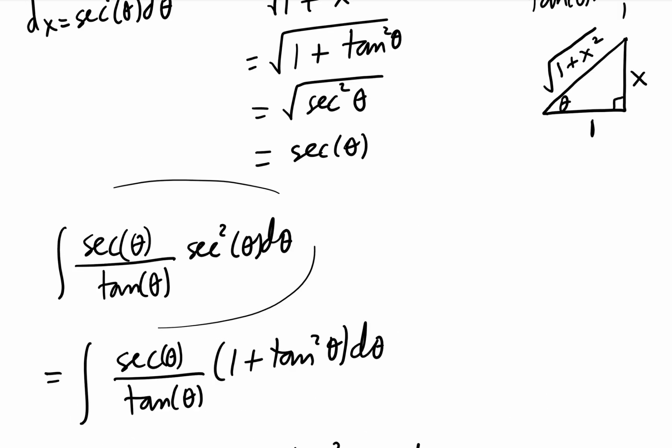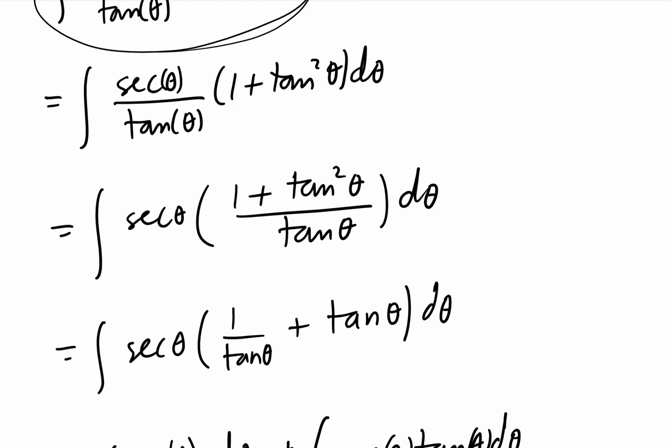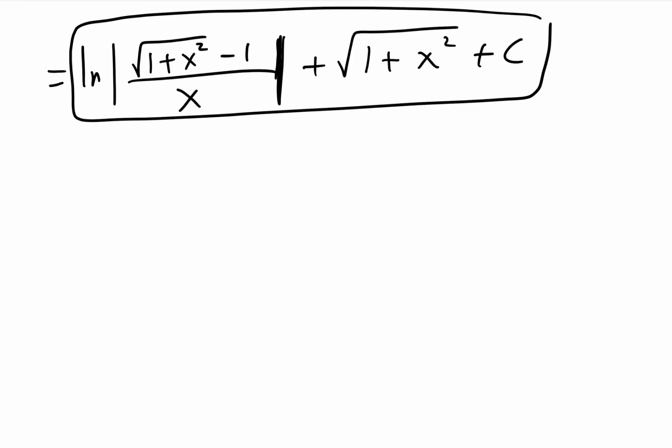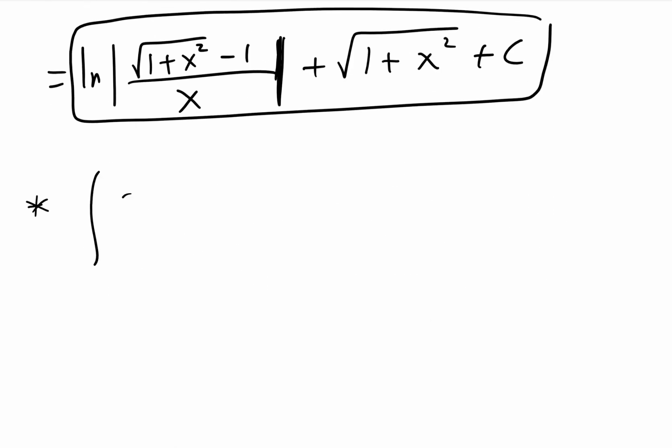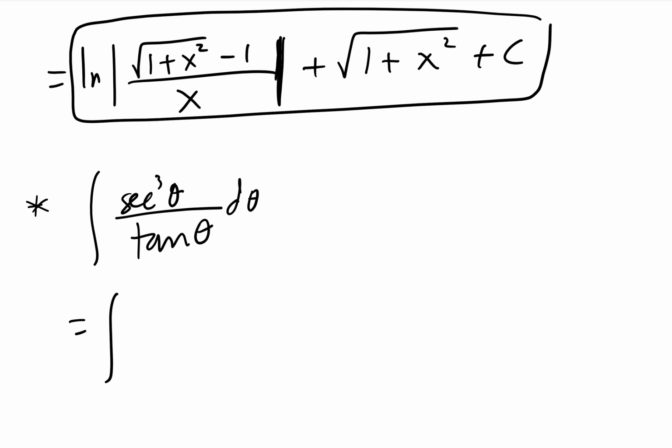So if we go back to this circled one, let me rewrite it down there. Okay, we have secant cubed theta over tan theta d theta. So let's say someone decides to convert things into sine and cosine. So 1 over cosine cubed over sine over cosine, d theta.